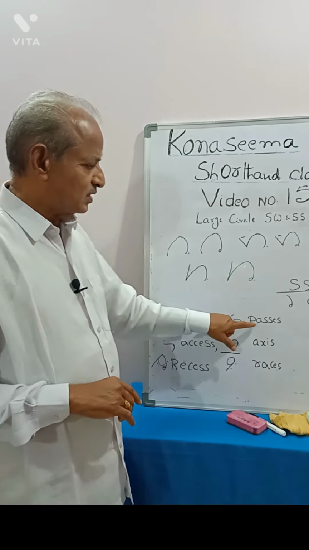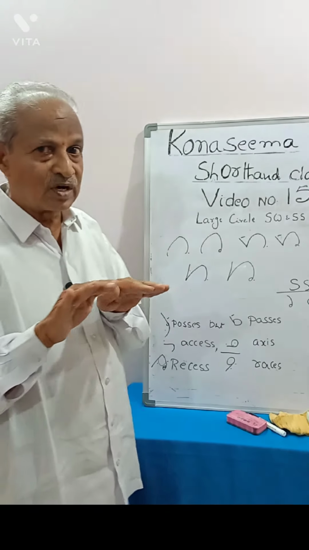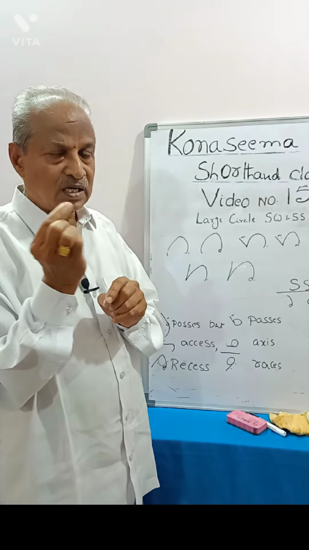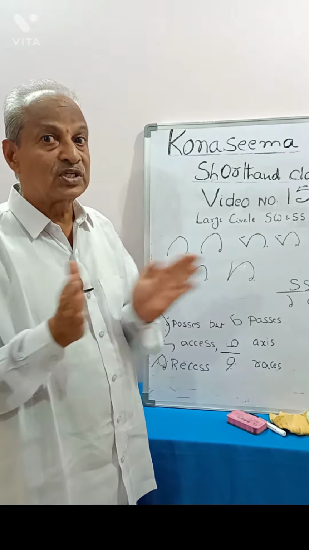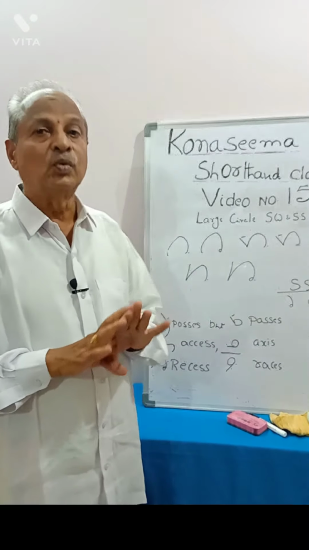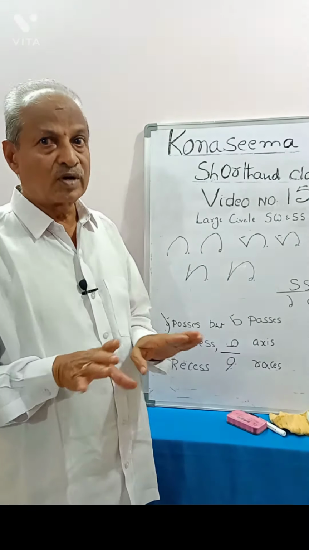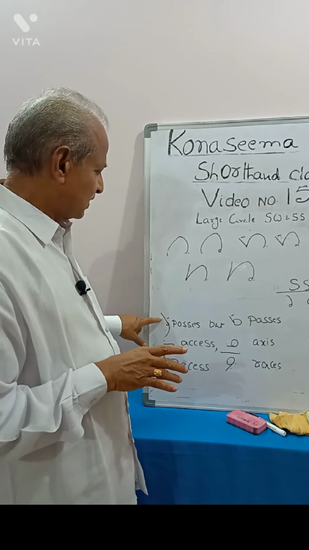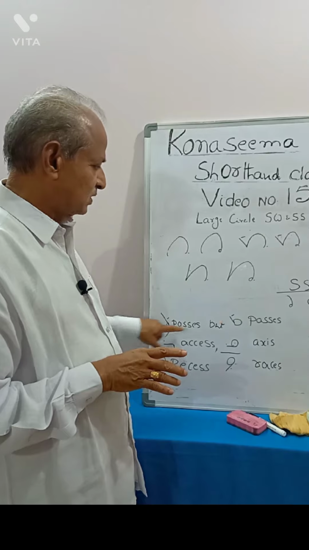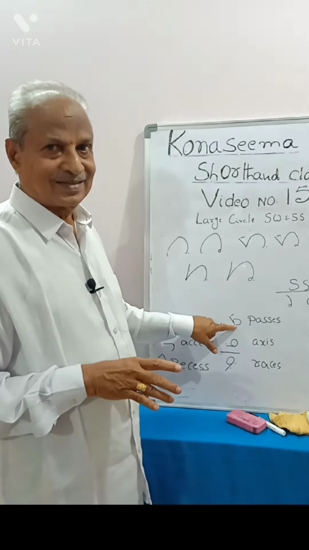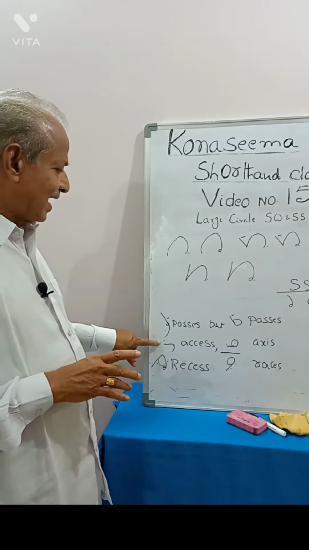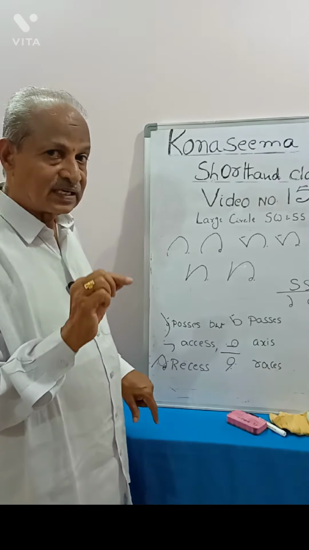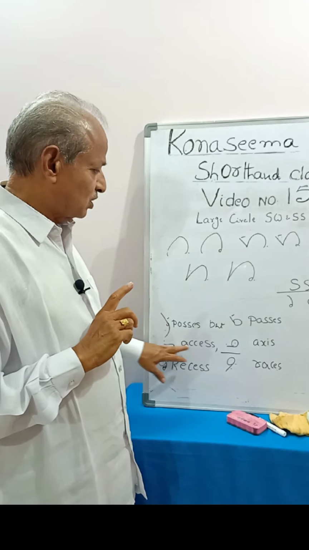Whereas passes, pronunciation of these two words is somewhat nearer. That's why to distinguish between these two words, we have to write possess, P circles stroke S. Here P says circle. Like that, axis, we have to write K circles stroke S.